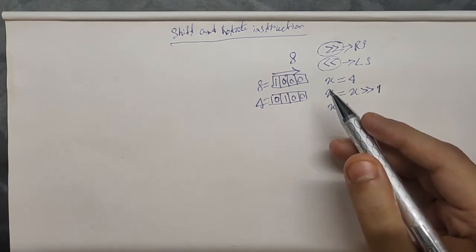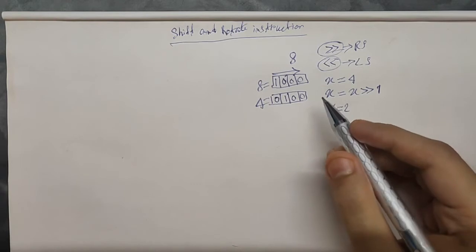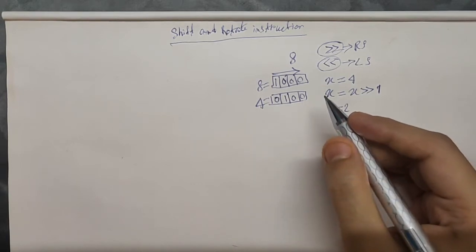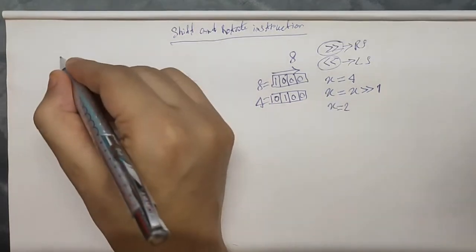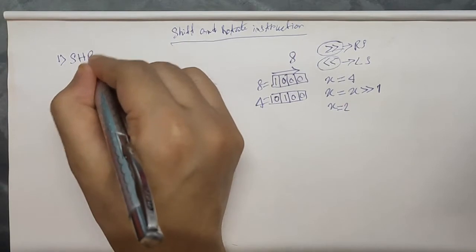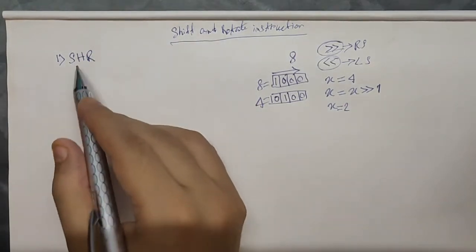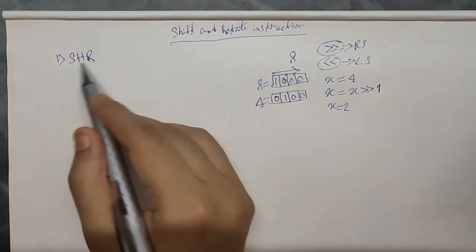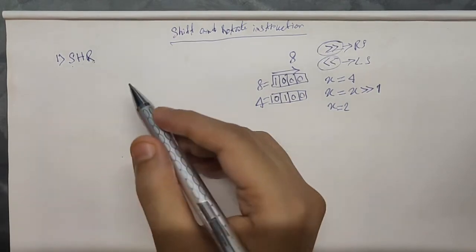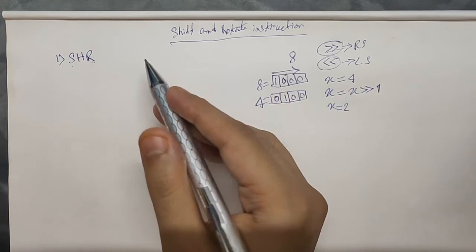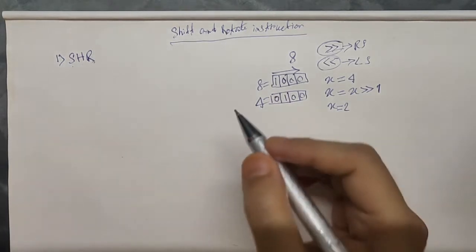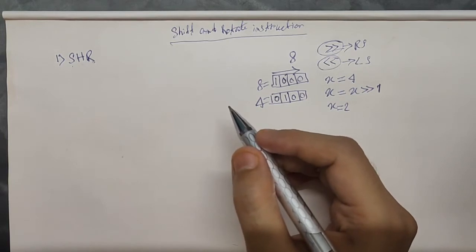Okay, so now coming to the architecture. The first instruction we have is shift right. This is the command shr, shift right. It will just perform the shift operation on the register, and we need to specify the number of bits to be shifted.